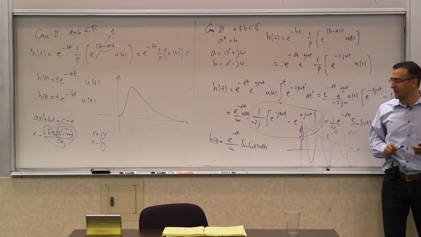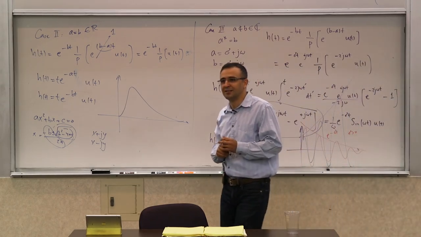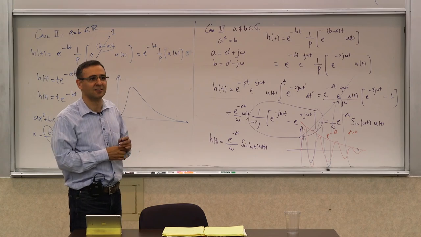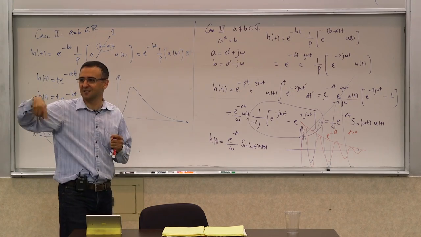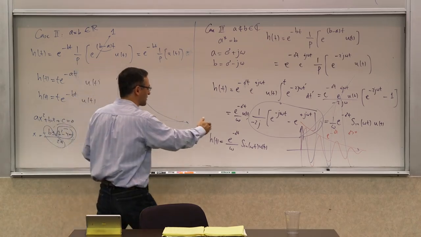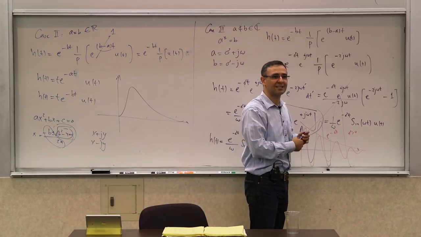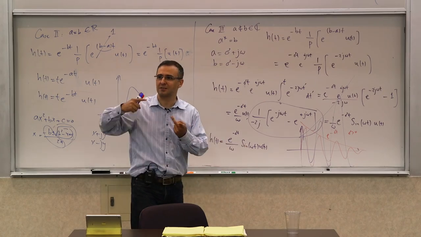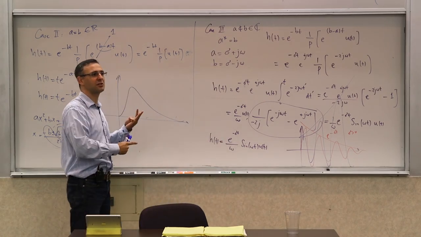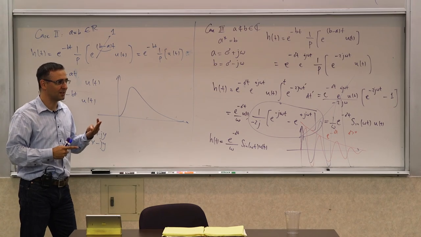And what if sigma is 0? You get just a sine, I mean a half sine, because it starts from t equals 0. So you can see that it subsumes the sine waves, the exponentially decaying and exponentially growing sine waves.